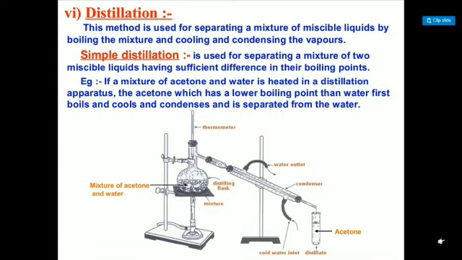Acetone has a lower boiling point and is easily boiled at 30 to 50 degrees Celsius, whereas the boiling point of water is 100 degrees Celsius. So first acetone is boiled and condensed by the condenser, and then you can separate water from the solution mixture.